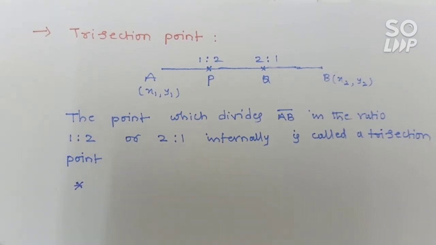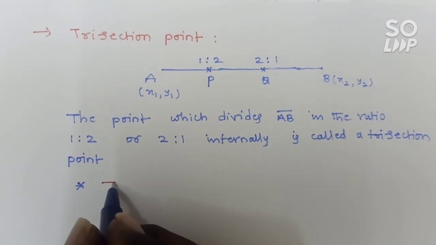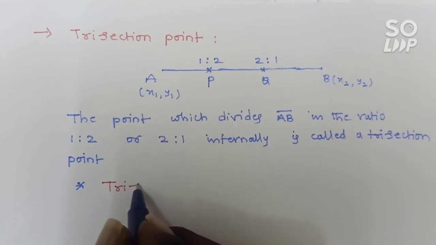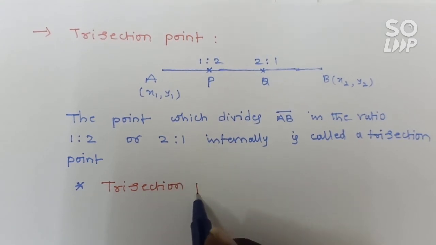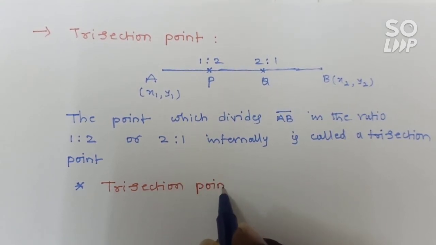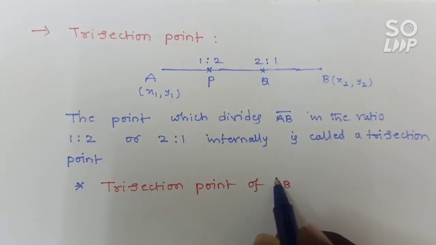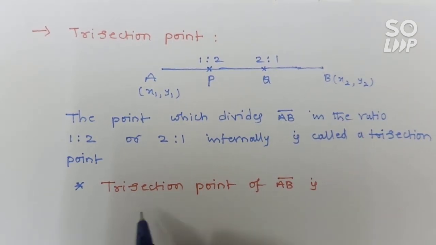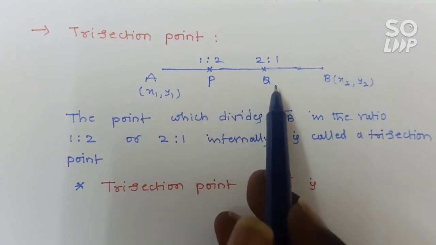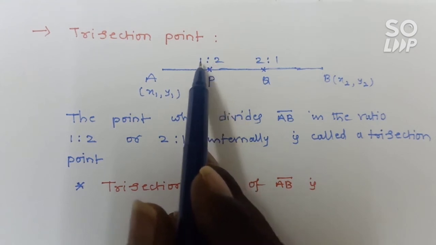What is the formula for the trisection point of AB? Either P point or Q point will be a trisection point. So here L is to M is equal to 1:2.